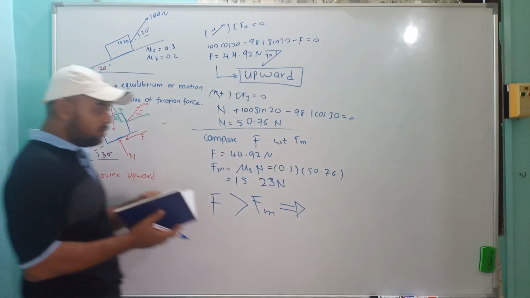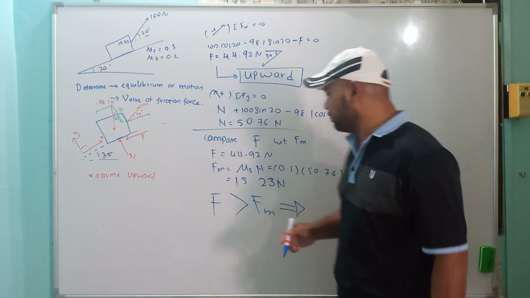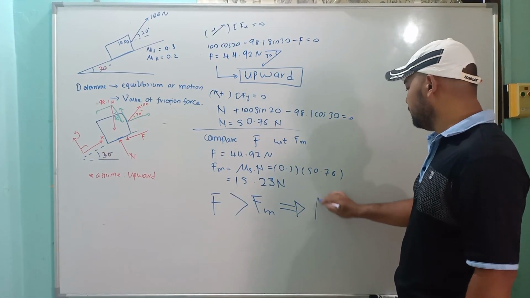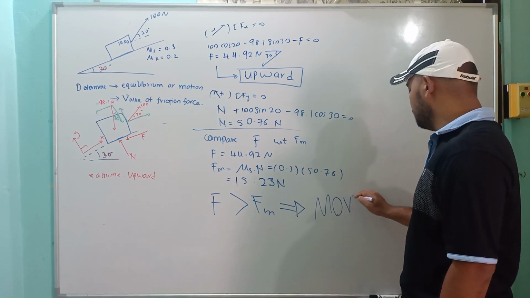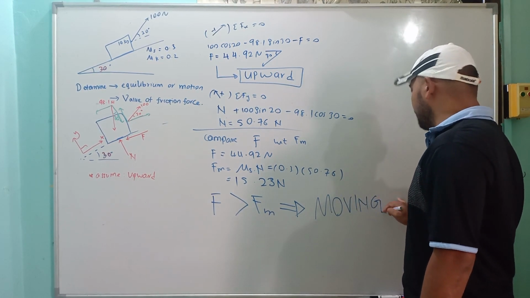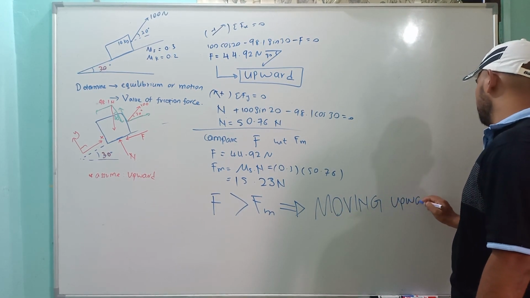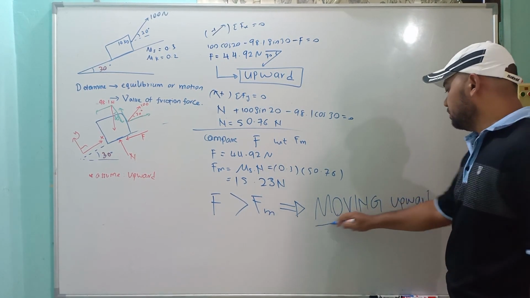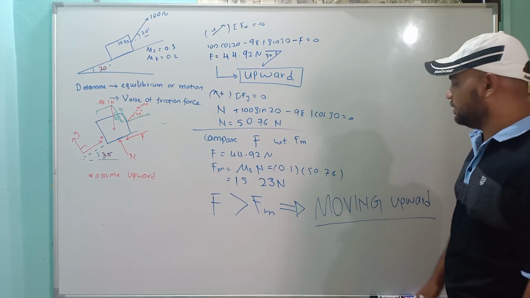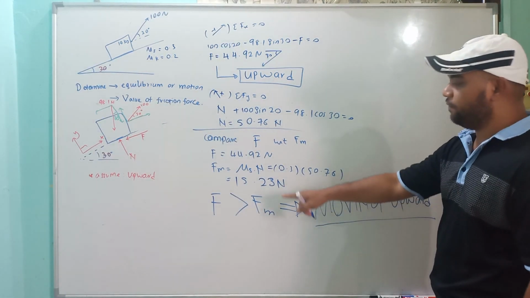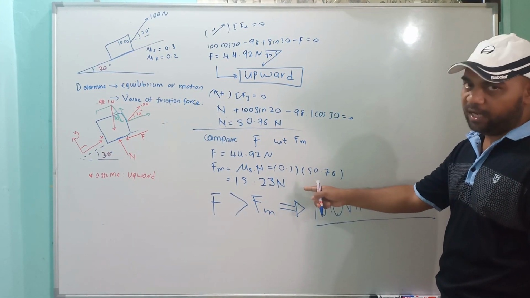In this case, our F is bigger than F maximum, so the conclusion is the component is moving and the direction is upward. You have to put this as your answer. Since F is bigger than Fm, the component is moving.